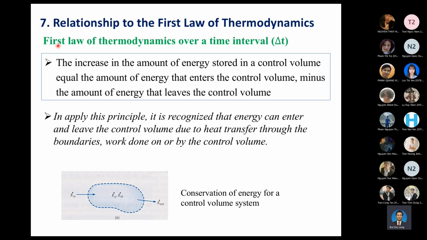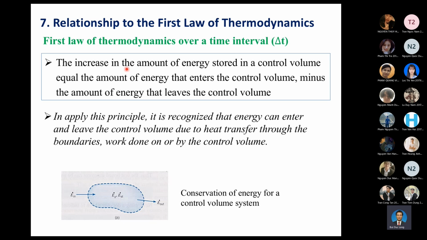Now the first law of thermodynamics over a time interval delta T. What is the relationship between the first law of thermodynamics and the time interval?